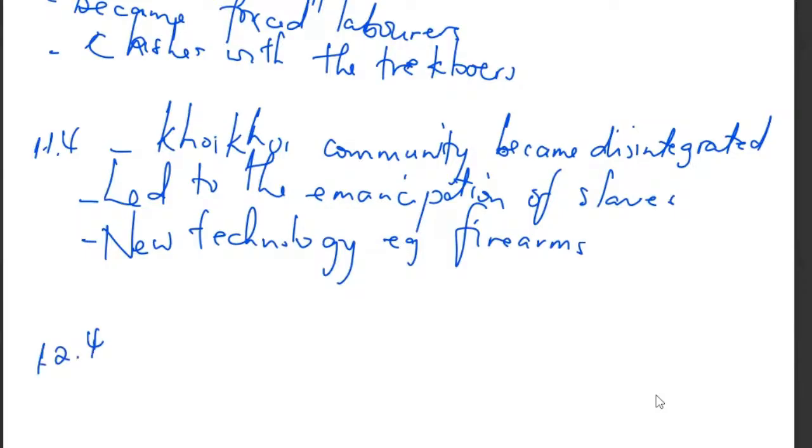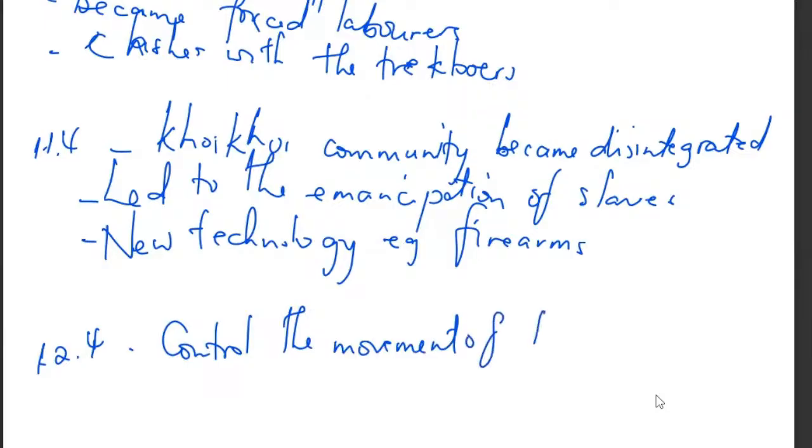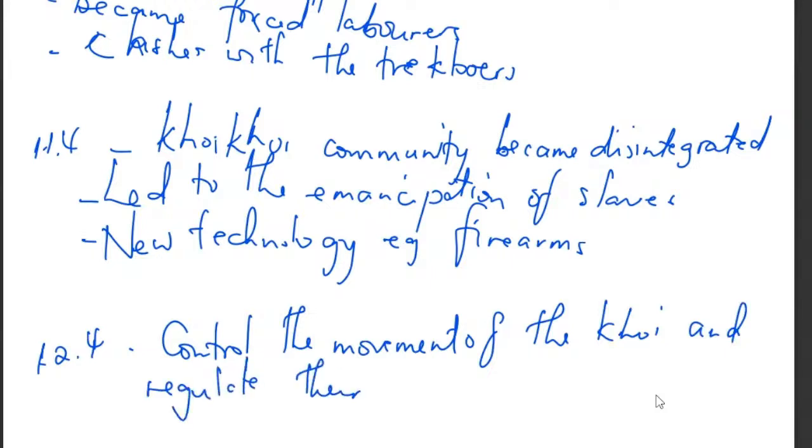We can argue that it was meant to control the movement of the Khoi and also regulate their traveling.